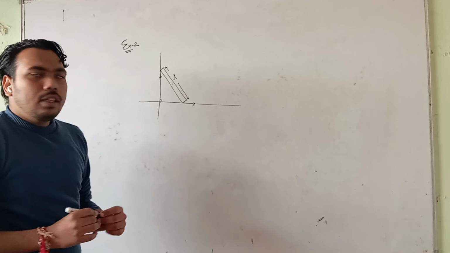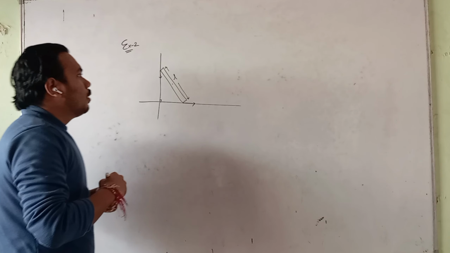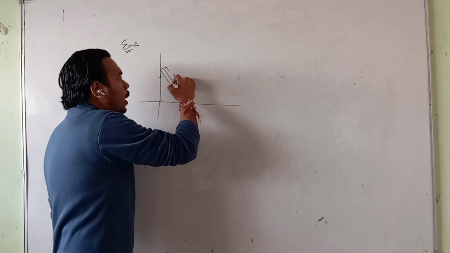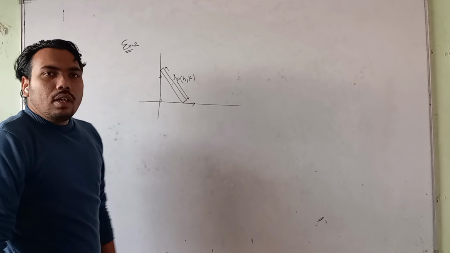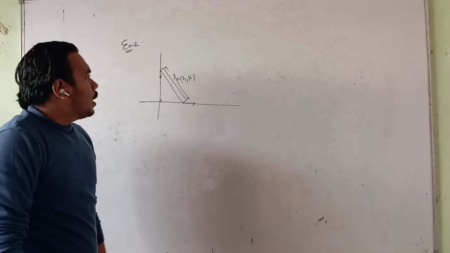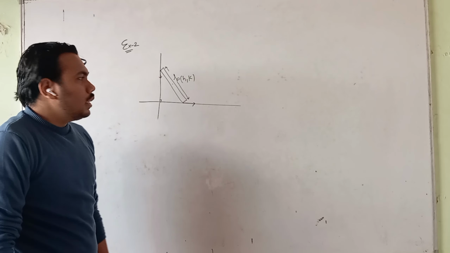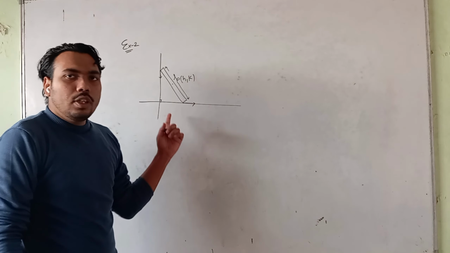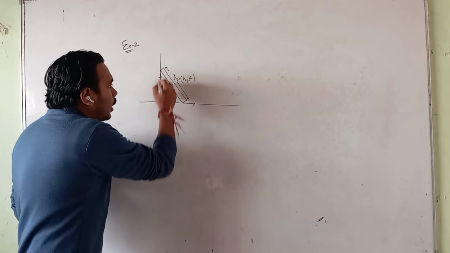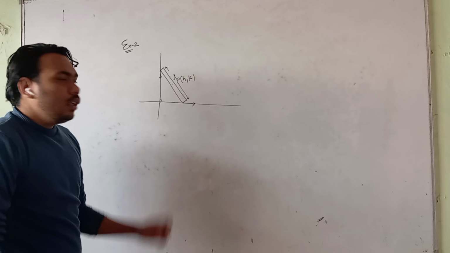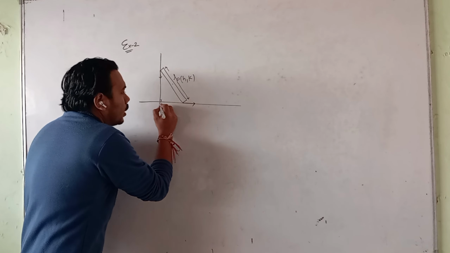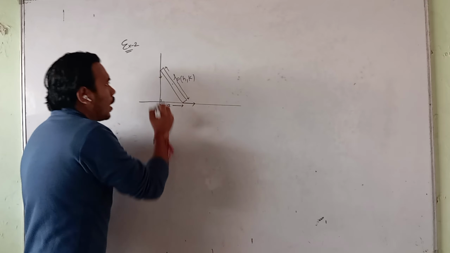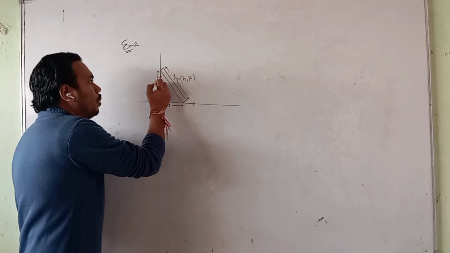For that, let's apply the algorithm. First step, assume the point whose locus we find, h comma k. Now, the geometrical condition which can be seen is that whatever may be the position of the rod while sliding, a right angle triangle is formed. We can use the Pythagoras theorem. For using it, let us assume this distance to be a and this distance to be b.